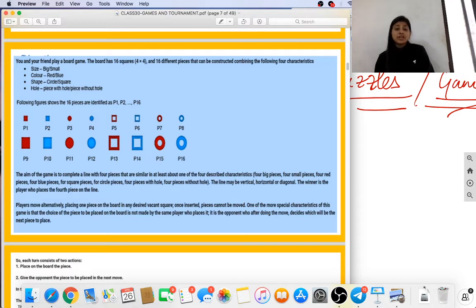Let me know once you're done reading. I'll show you the diagram. Is the information visible?